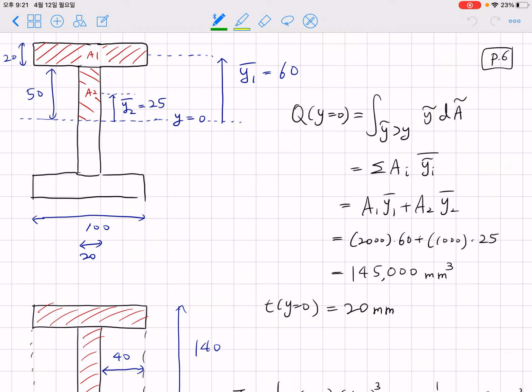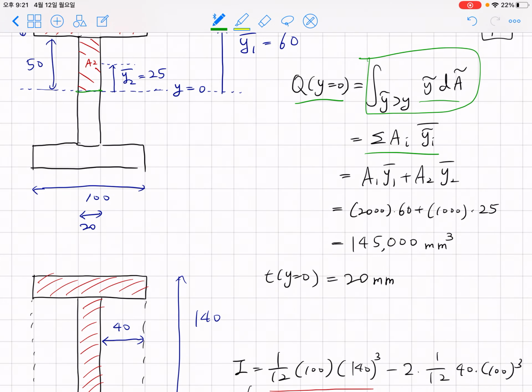Let's do the integral at y equals 0. At y equals 0, the red area becomes this, and you have to do this familiar integral, y dA. Instead of doing this integral as it is, you can use the intuition from our famous and friendly freshman physics.